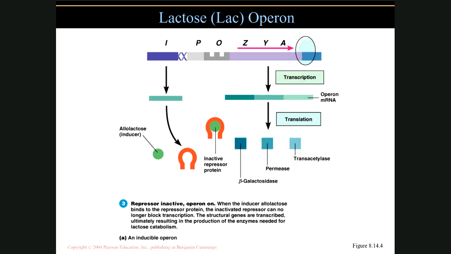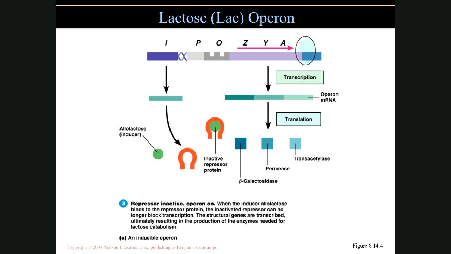And there are 3 genes in the lac operon. The gene for beta-galactosidase, which is the enzyme that splits lactose into glucose and galactose. Permease, which dramatically increases the uptake of lactose from the environment. And transacetylase, which is not actually required for the cell to use lactose. They've been studying this for decades.